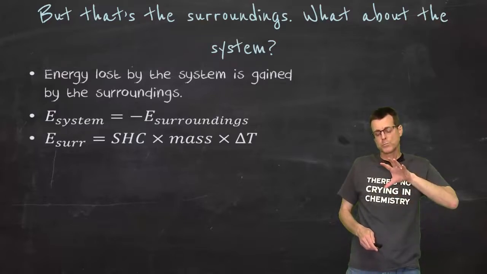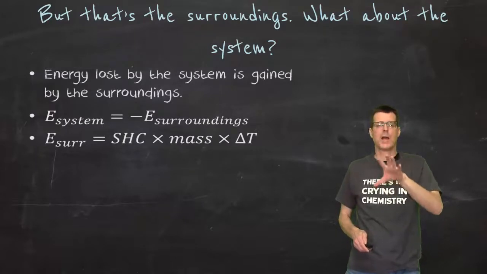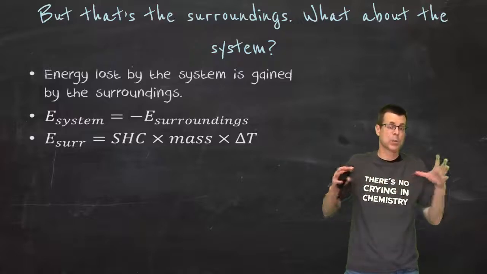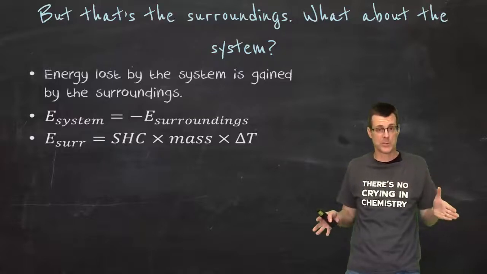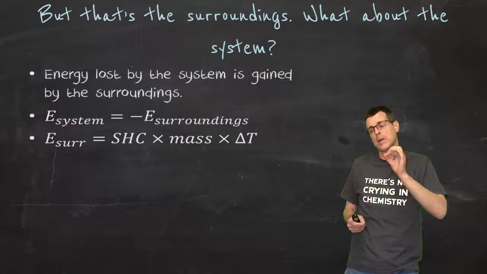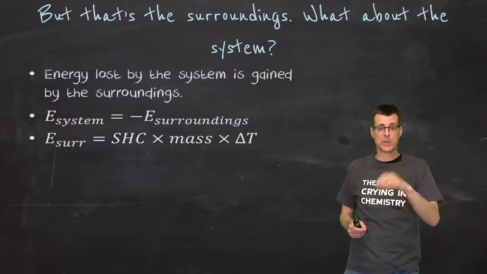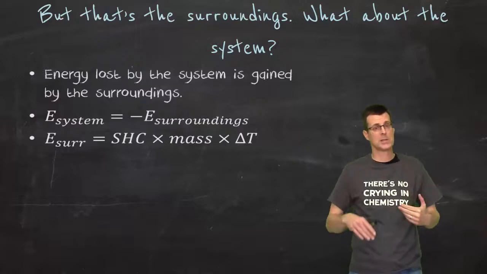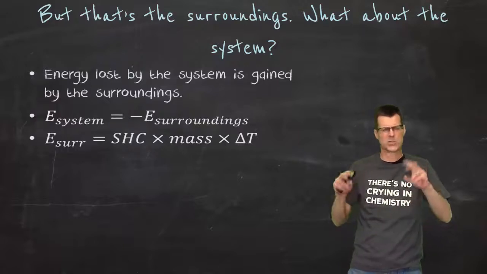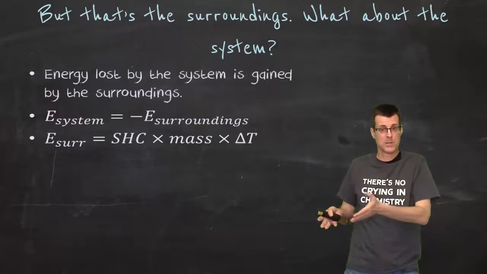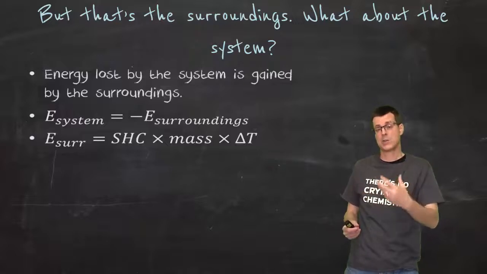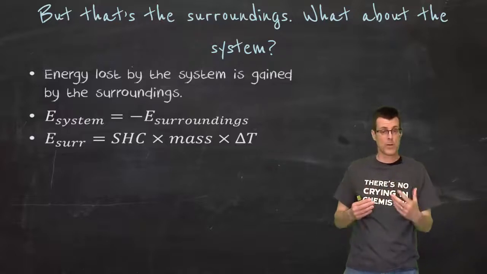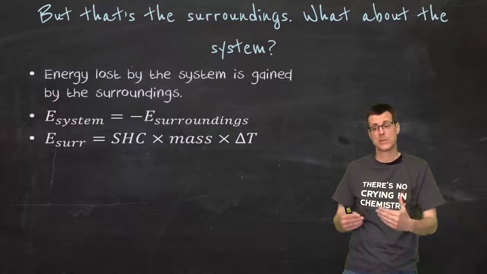So if I take that as the surroundings, because no matter what I do, it will always be part of the surroundings, then the system will be the opposite. I might not be able to know the specific heat capacity or the change in temperature as such of the system, but I know that whatever the surroundings did, the system will have done the opposite.